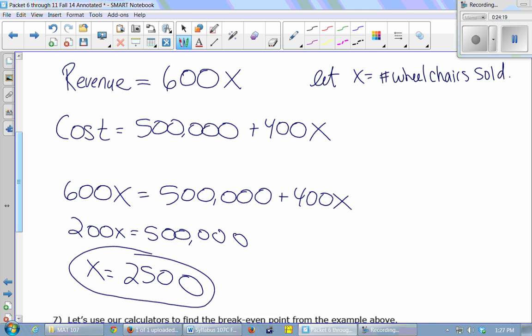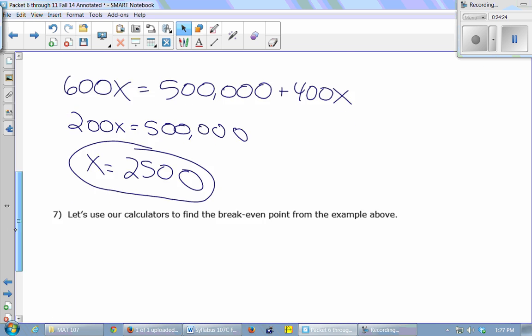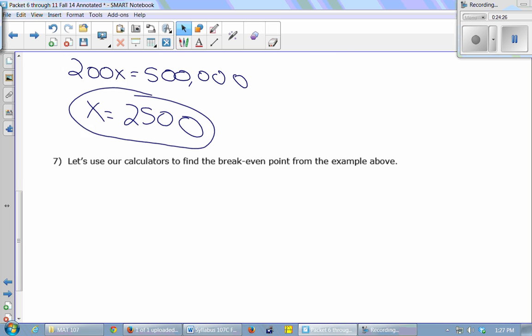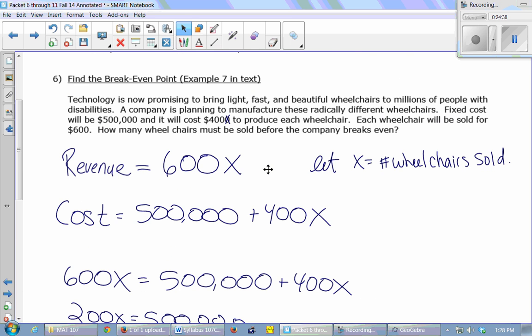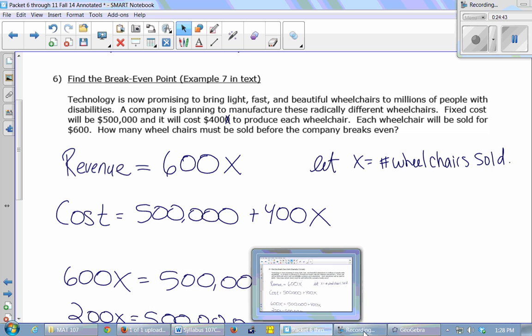So let's take a brief look graphically at how to find the break-even point. I have an equation for revenue and an equation for cost, and I'm going to graph them. My equation for revenue is 600x, so I'm going to graph the equation 600x.